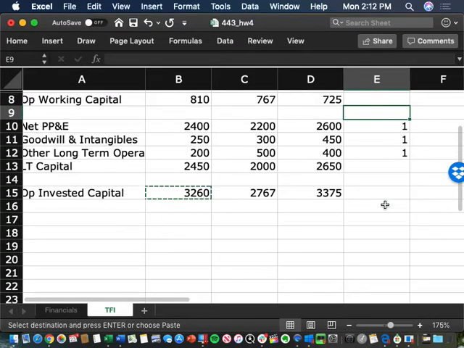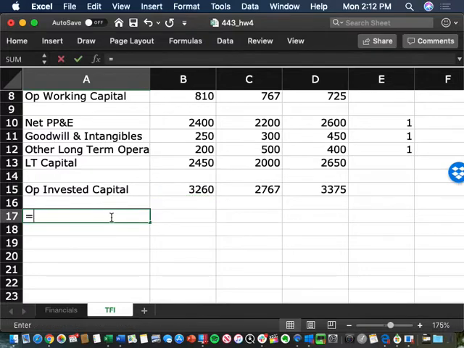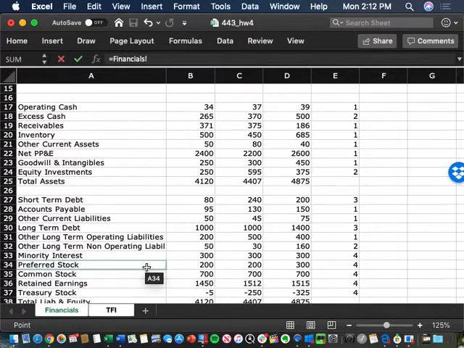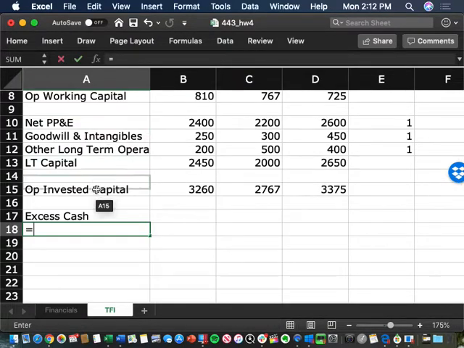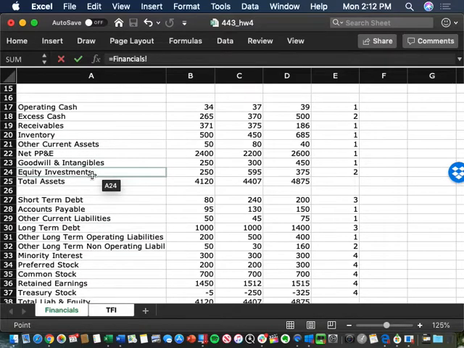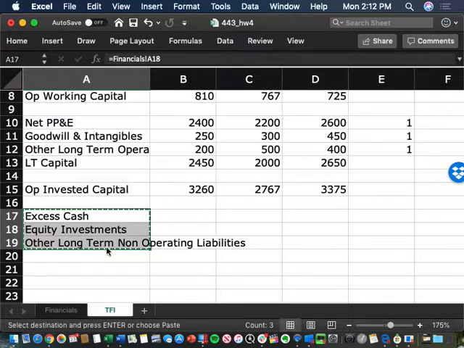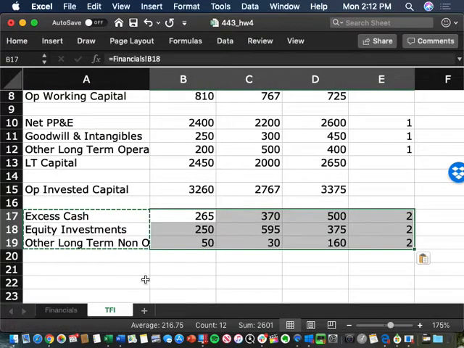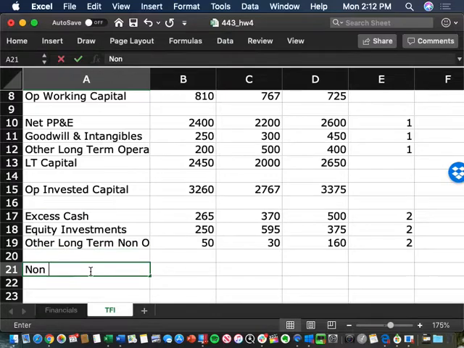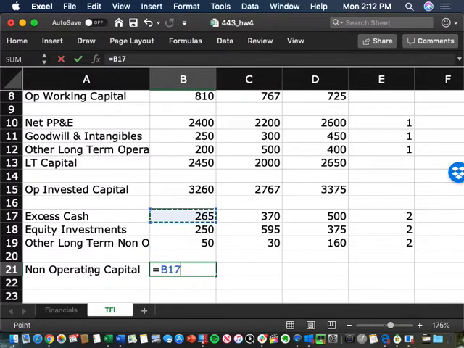Okay, continuing on. We're going to do the same thing for the non-operating assets. We look for anything that's non-operating. Excess cash, equity investments, anything that's a liability, other long-term non-operating liabilities. We basically, again, have our non-operating capital, which are the assets minus the liabilities.